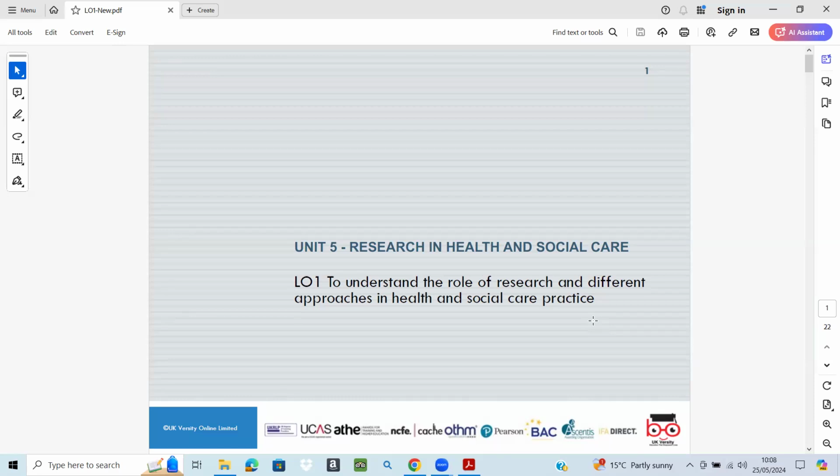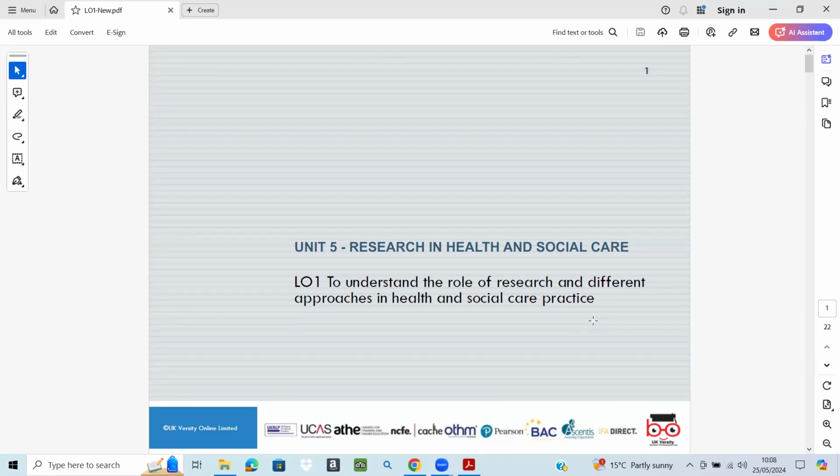Then we have mixed methods research as well. In mixed methods, we combine both quantitative and qualitative approaches to provide a more comprehensive understanding of a research problem.